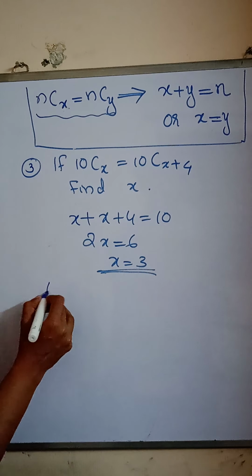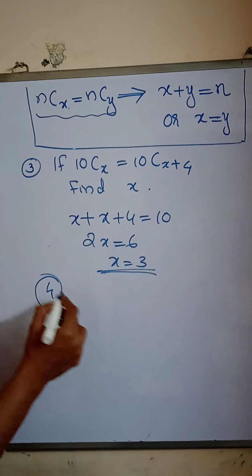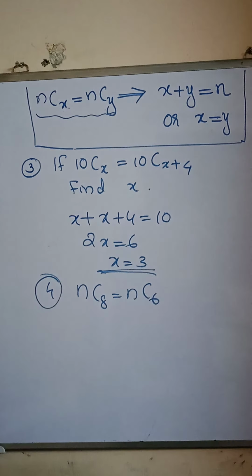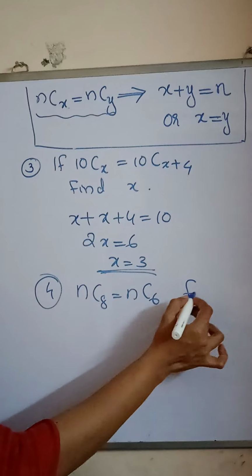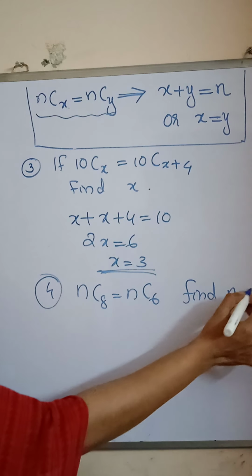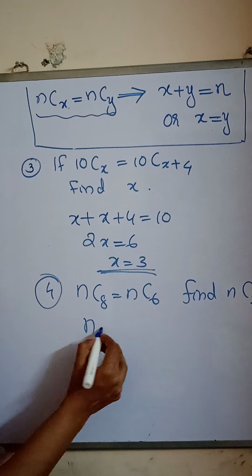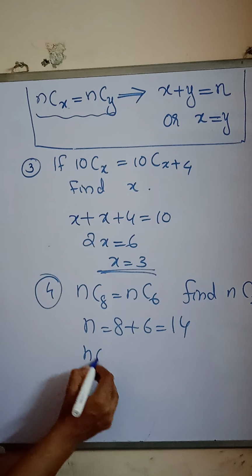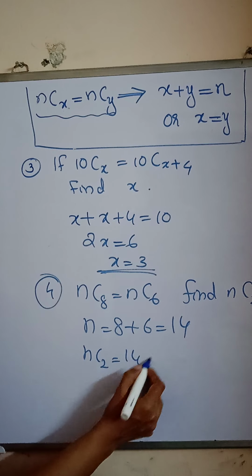Next problem: if nC8 equals nC6, find nC2. What is n? 8 plus 6, that is 14. Then what is nC2? It is 14C2.